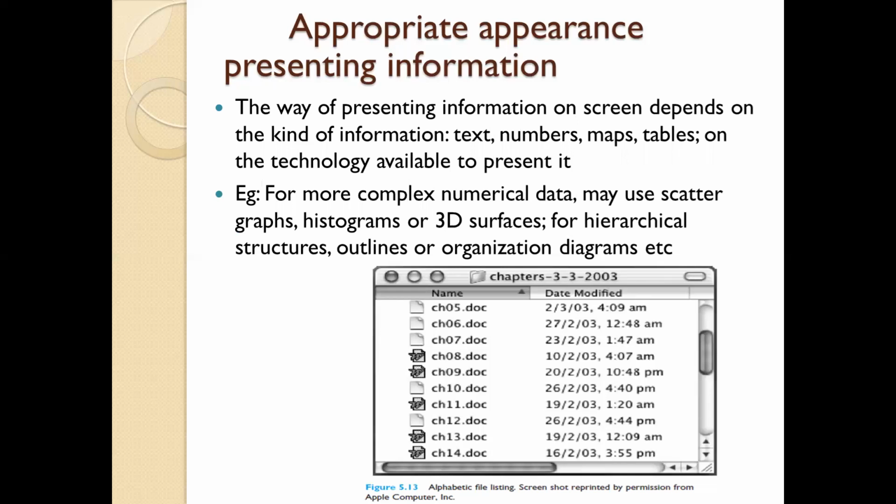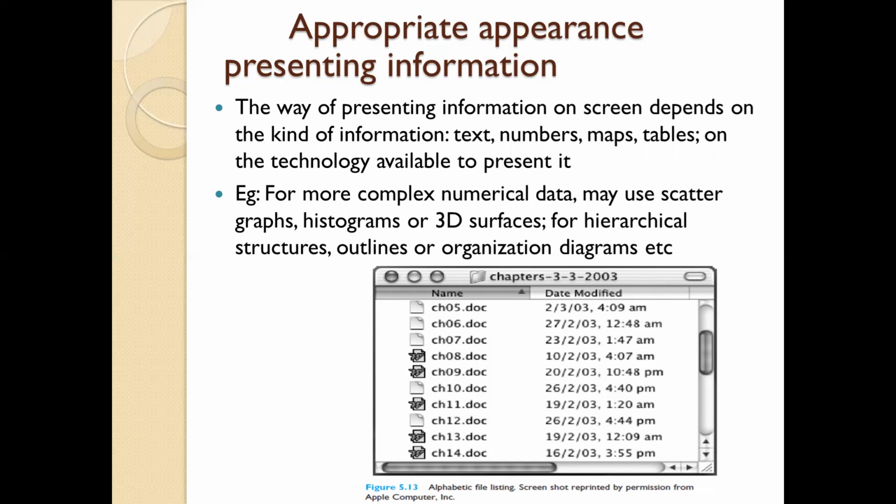Appropriate appearance, presentation of information. The way of presenting information on screen depends on the kind of information: text, numbers, maps, tables, and the technology available to present it. For example, for more complex numerical data, we may use scatter graphs, histograms, or 3D surfaces.